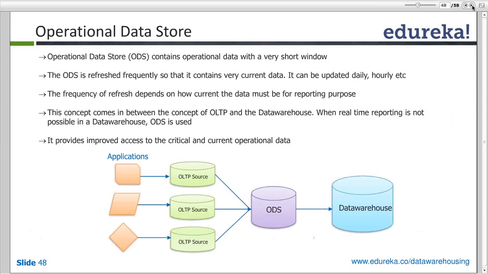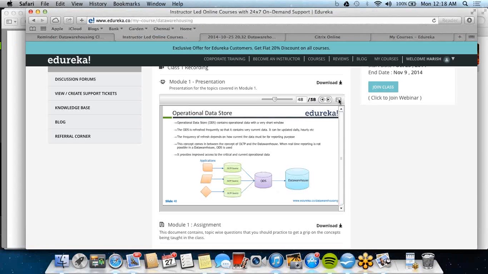If you look at the diagram just below, you see different applications, different OLTP sources. Then it goes into an ODS, operational data store, and then it goes into a data warehouse. ODS basically is a kind of data warehouse, but it just stores the current data.